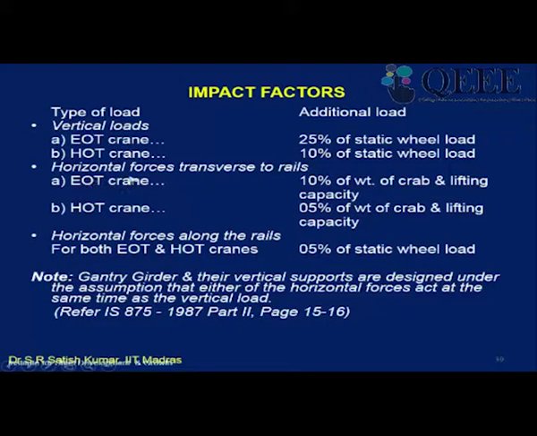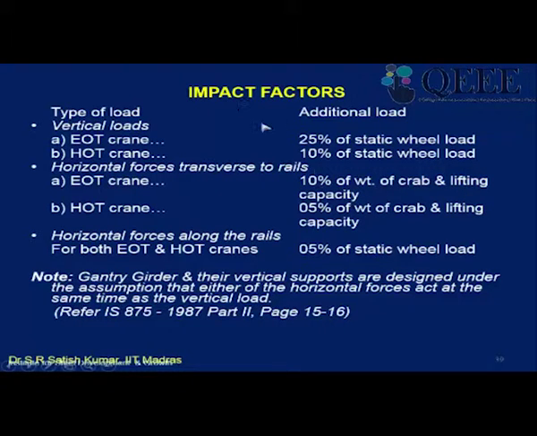For the same crane, for horizontal loads, it says that if it is 8 ton as a vertical load, then 10% of 8, that will be 0.1 into 8, that is 0.8 metric tons, has to be taken as a horizontal force coming on the top flange of the gantry girder. So that is the second criterion.